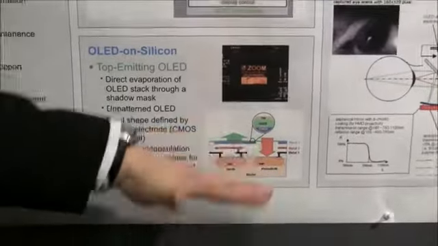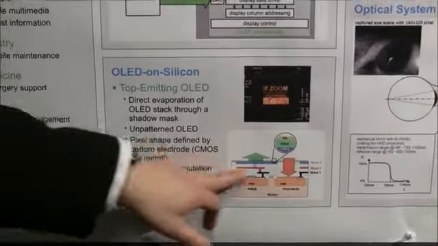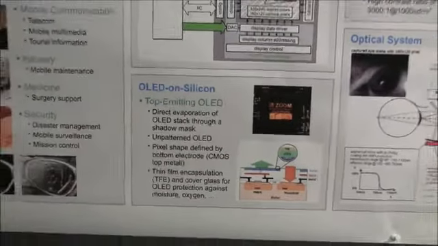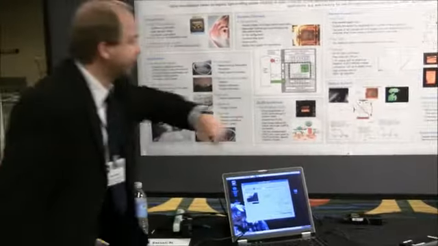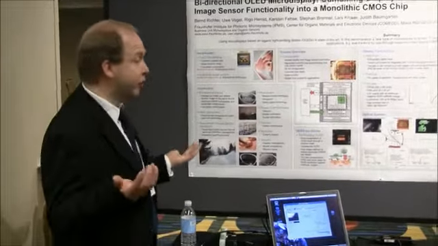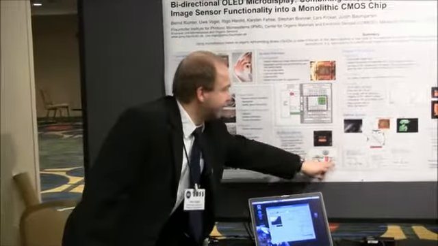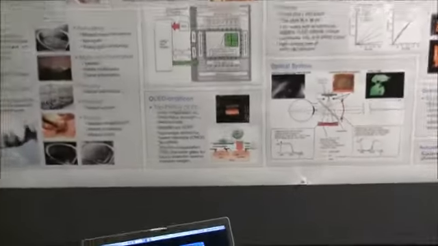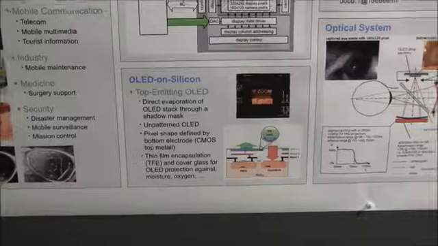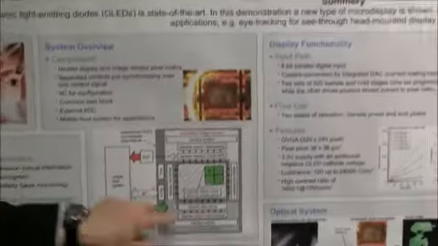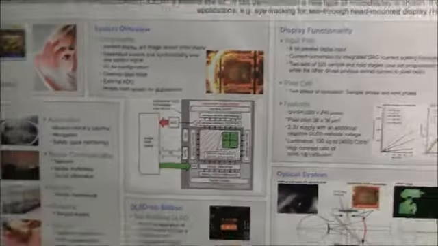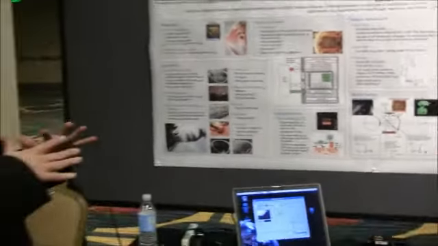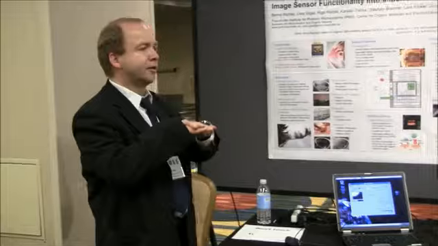So we have a CMOS backplane layer, and on top of that we deposit the OLED, and just by patterning the CMOS top metal we are able to achieve micron size individual OLED sub-pixels, maybe in the size of, let's say, 5 by 5 micron, and by having a lot of those tiny micropixels we achieve a QVGA resolution of the display, and side by side with the OLED display pixels we still have the image sensor pixels, and these image sensor pixels are in our case 160 by 120 resolution, and these are combined in a matrix where we have the image sensor intersected together with the OLED microdisplay matrix, and both can be operated completely independently.